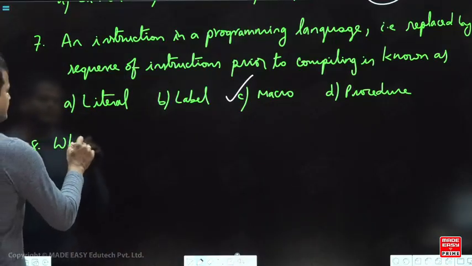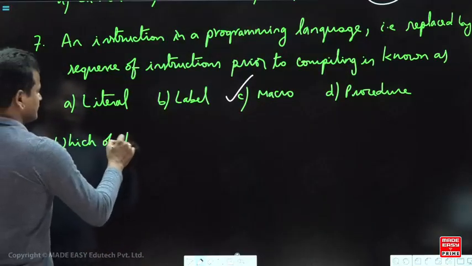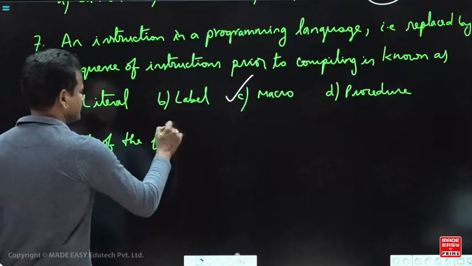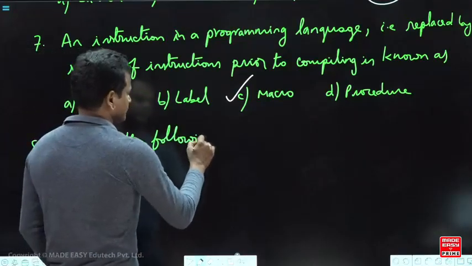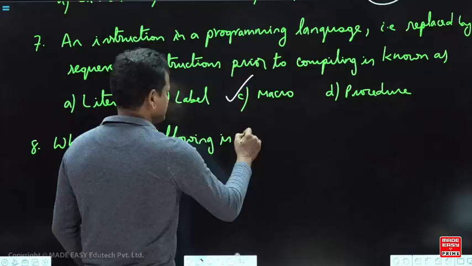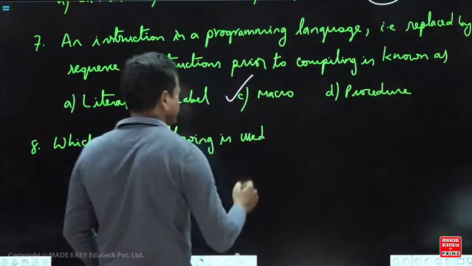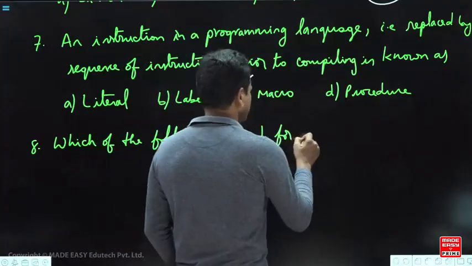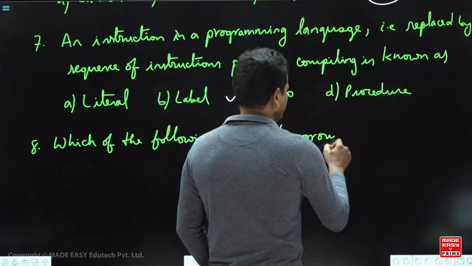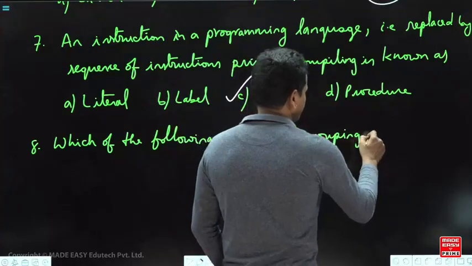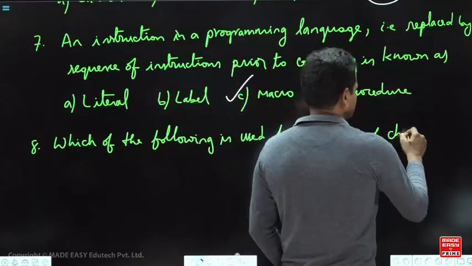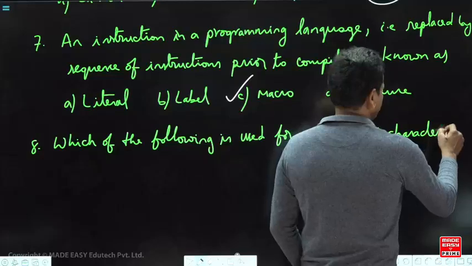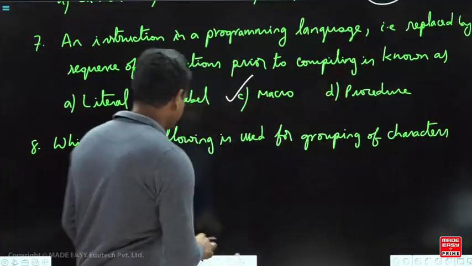Which of the following is used for grouping of characters into tokens?